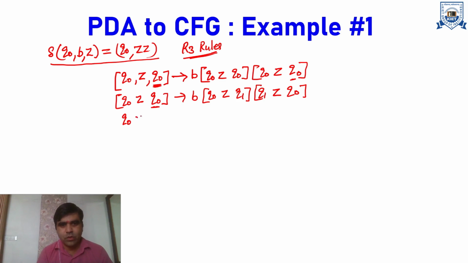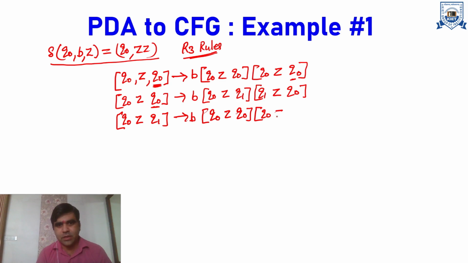So we have Q naught, Z and Q1 derives B. Here I have Q naught, Z, Q naught first, and then Q naught, Z and Q1. Then similarly Q naught, Z, here I have Q1, and then in this case we have Q naught, then Z, then Q1.